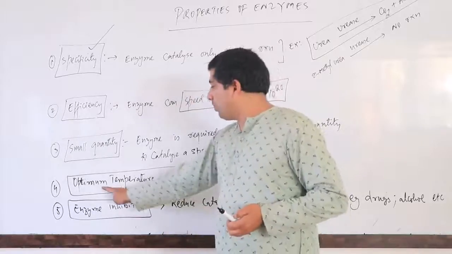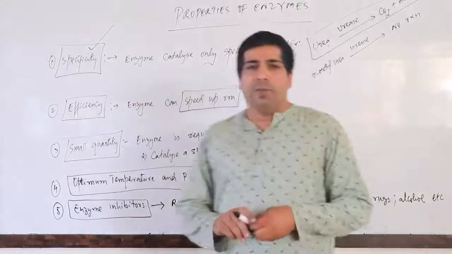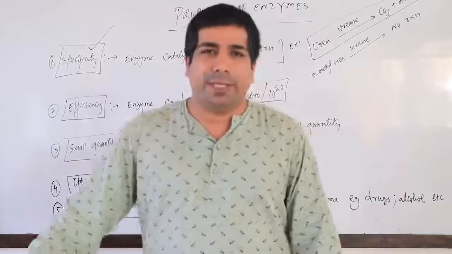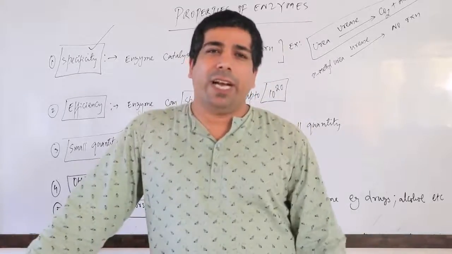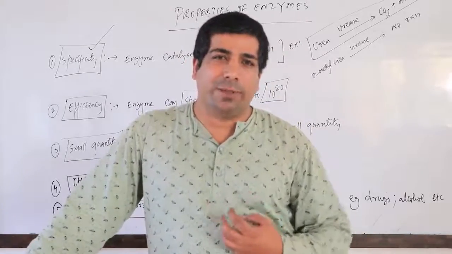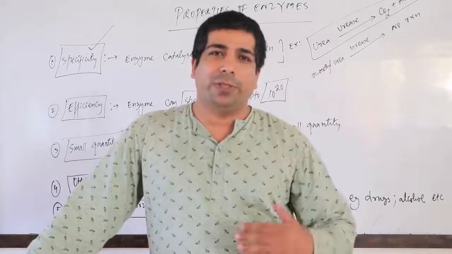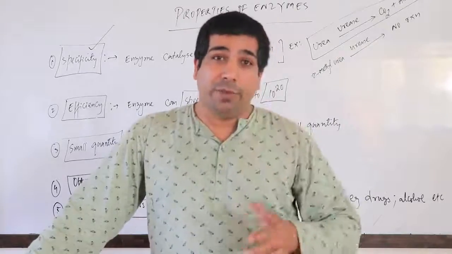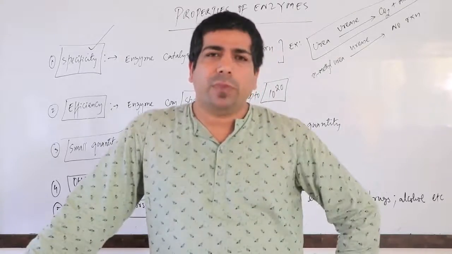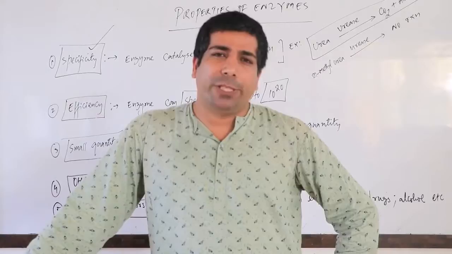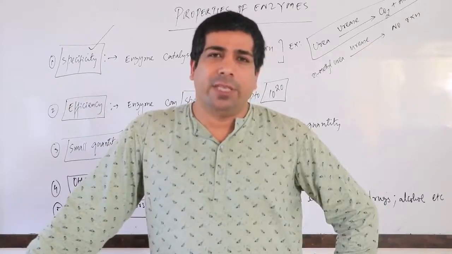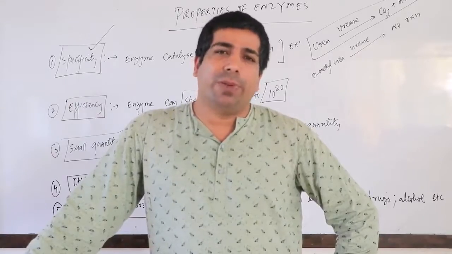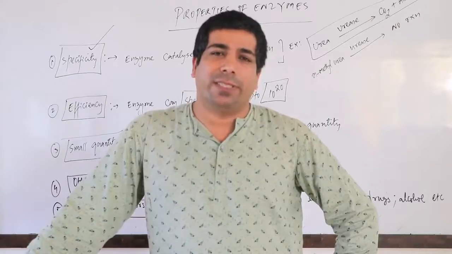Let's go for the optimum temperature and pH. When we look at the enzyme pepsin, it works at a very high acidic pH in the stomach, which converts your proteins into peptides basically. So there the pH is almost between 1 to 2, okay? But usually the optimum pH is taken as 7 and the optimum temperature is taken as 37 degrees Celsius, okay?